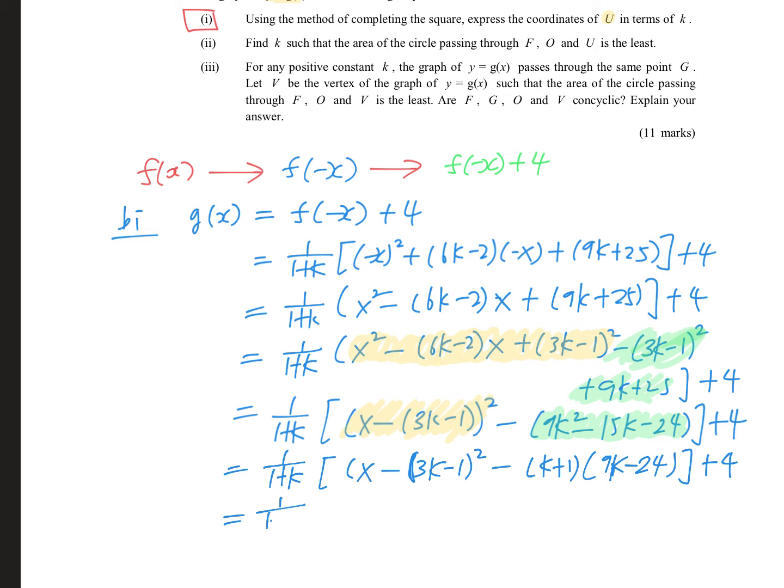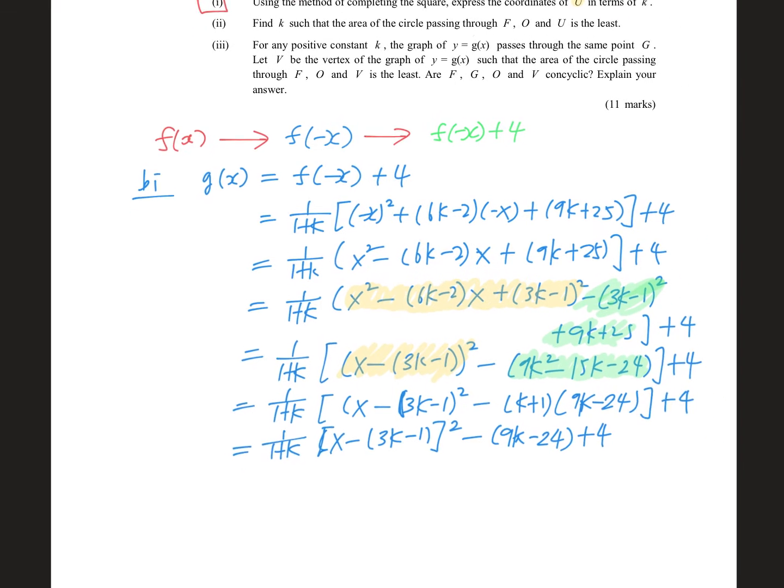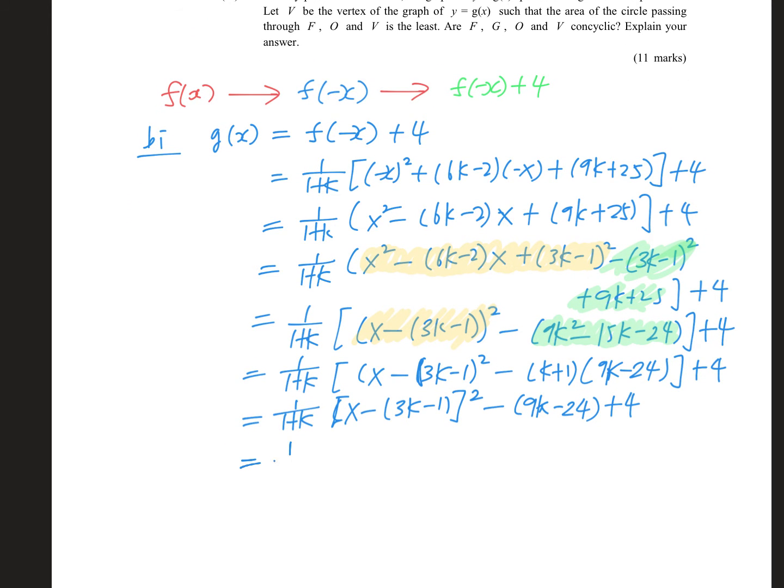So 1 over 1 plus k is here, and then (x minus 3k minus 1) all squared, and then minus (9k minus 24), and then plus 4. Finally, that would be 1 over 1 plus k, and then (x minus 3k minus 1) all squared, and then plus 28 minus 9k, because minus 24 plus 4 becomes 28.